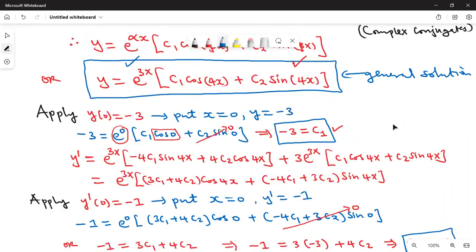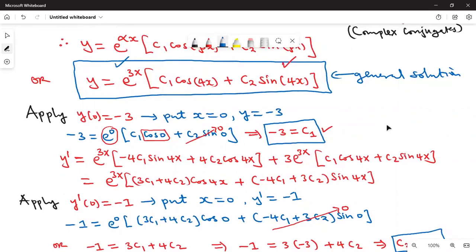So if you replace them in the general solution, you obtain what is called the particular solution.